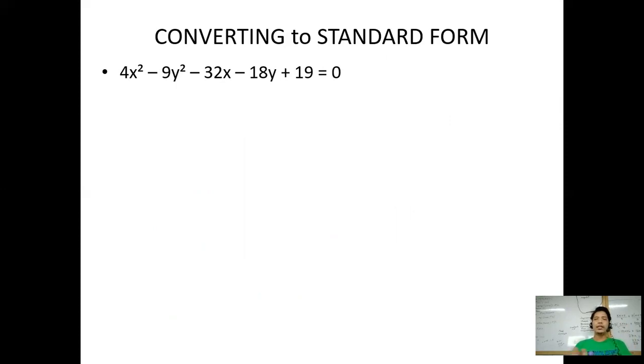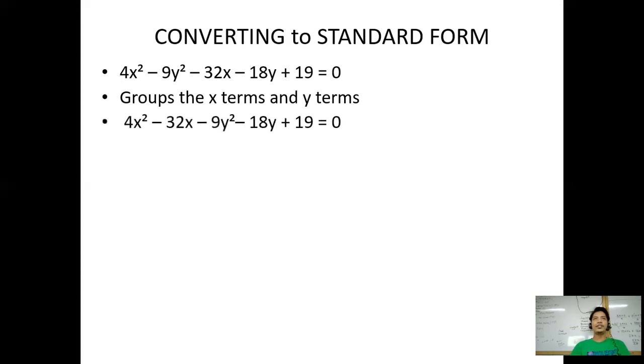So una natin gagawin is kailangan muna natin i-group the x terms and the y terms. So unahin natin si x: 4x squared, negative 32x, negative 9y squared, negative 18y, plus 19 is equals to 0. So ganun po natin siya i-arrange. So mauuna siyempre yung higher degree na exponent. So ganun din kay y.